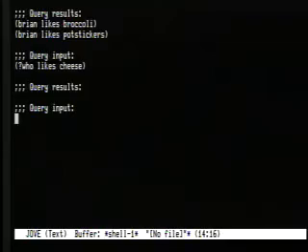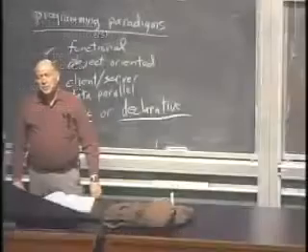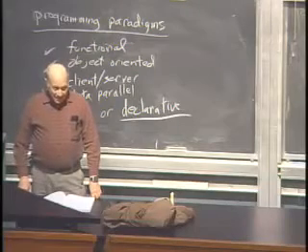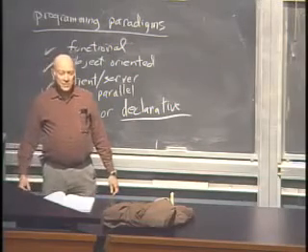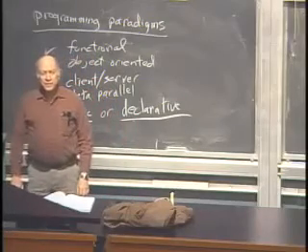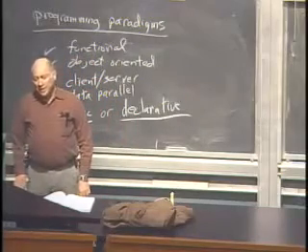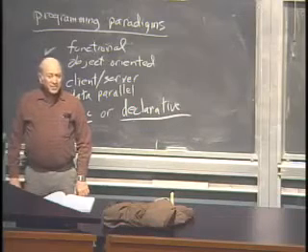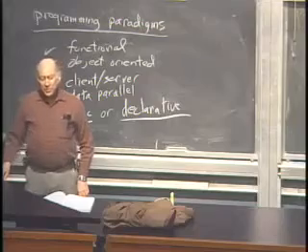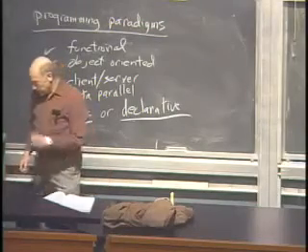So that's one of the things you have to keep in the back of your mind here, that the system really only knows what you tell it. And if it doesn't know, it doesn't say anything. So I can't really logically ask the question, who doesn't like cheese? Because the database doesn't know for sure who doesn't like cheese. All it knows is that we didn't tell it about anybody liking cheese.